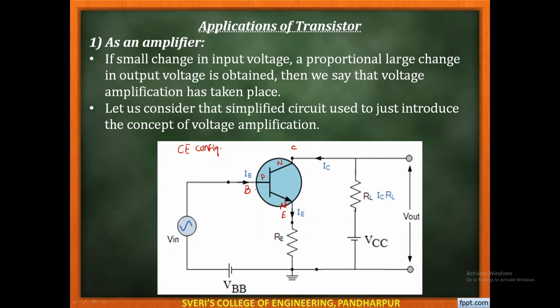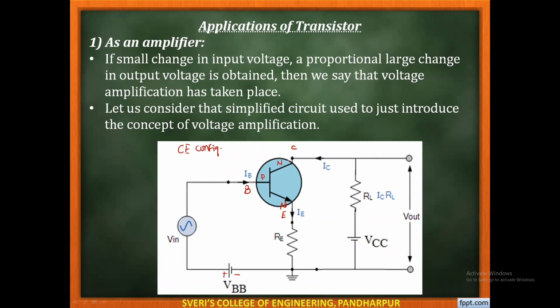Is it right? Now, as we know, the emitter to base junction is always connected in forward bias, so now you can see that the P region, the base region, is connected to the positive terminal, and the N region, the emitter region, is connected to the negative terminal through the resistor.